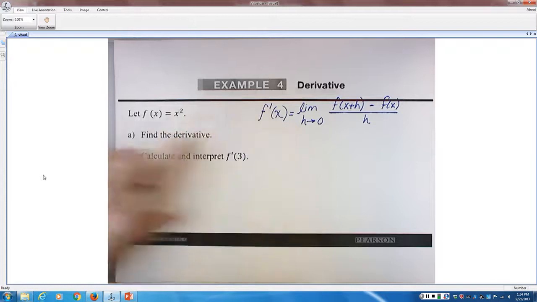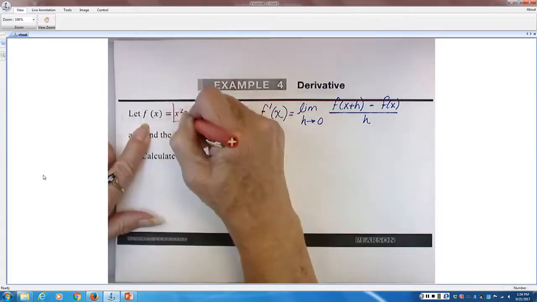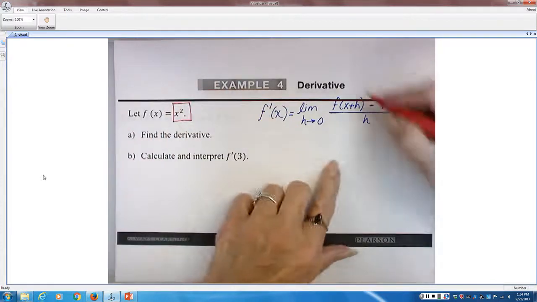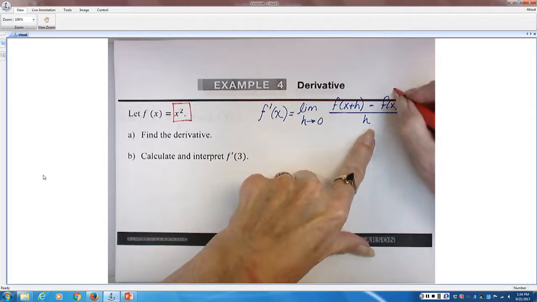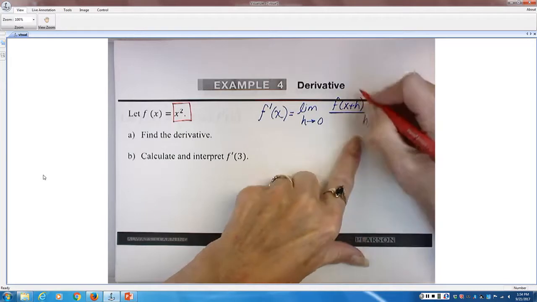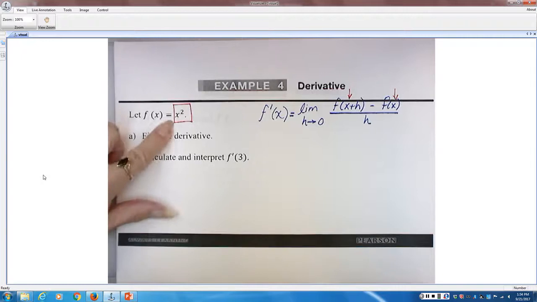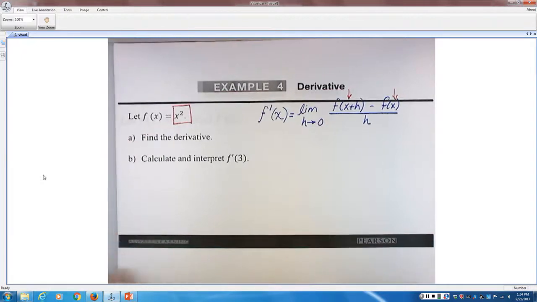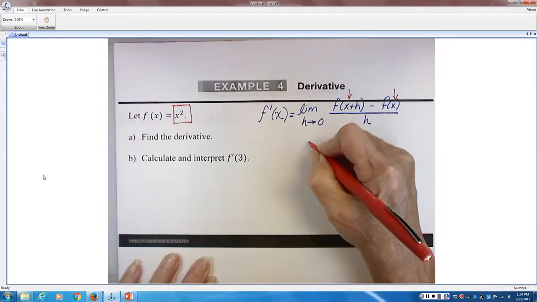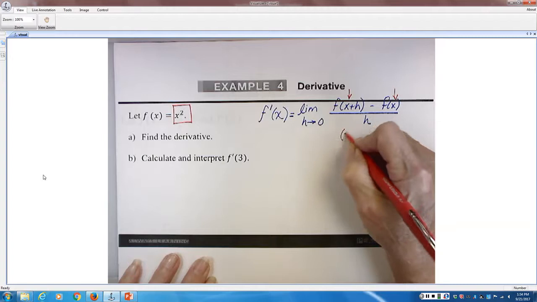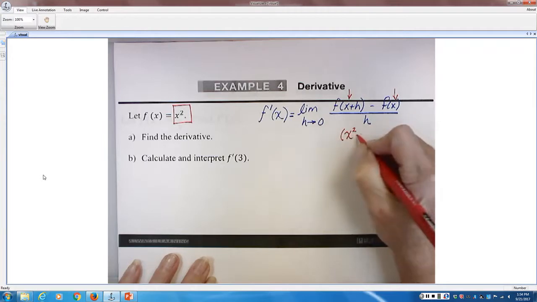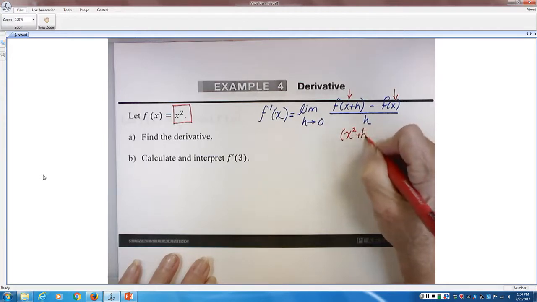So what we're going to do is use this function and replace x in both these functions with x squared. Okay? So f of x plus h.